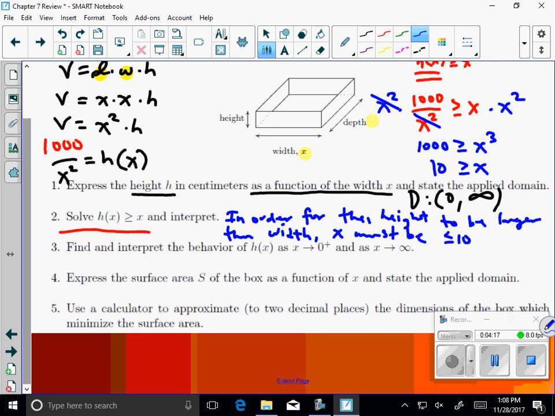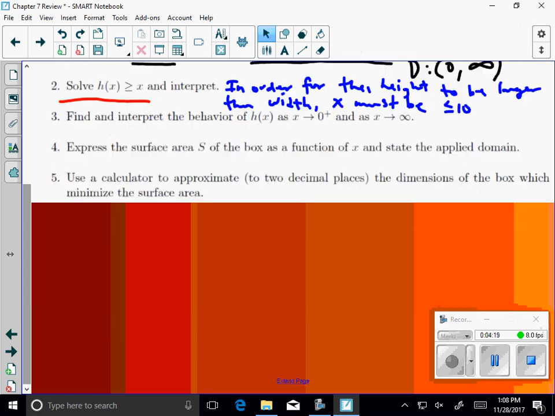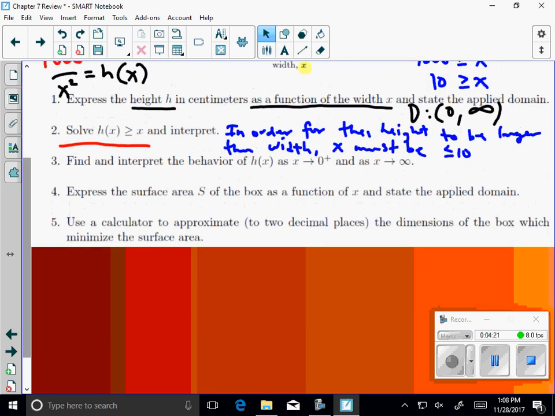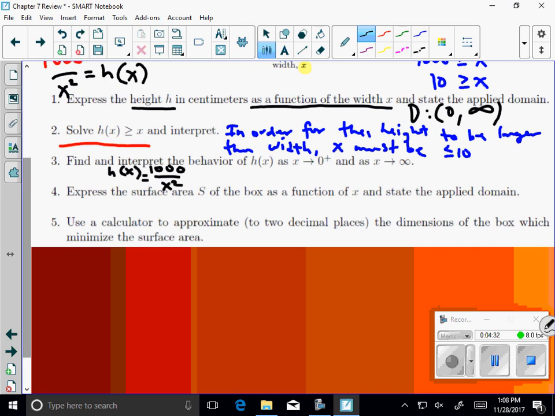Okay, now let's have a little conversation about this piece. I'm going to write out the height function in terms of x, as we already know. Let's interpret this behavior. What would happen to h of x if x approached 0? Let's say x got really small, right?